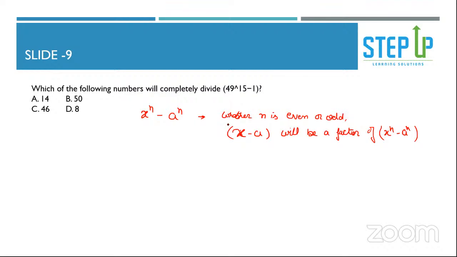It doesn't matter whether n is even or odd, it will always be divisible. But if n is even, x minus a, for sure it will be divisible, and x plus a will also be a factor.